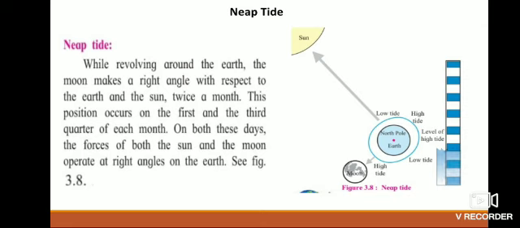This position occurs on the first and the third quarter of each month. On both these days, the forces of both the sun and the moon operate at right angles on the earth.